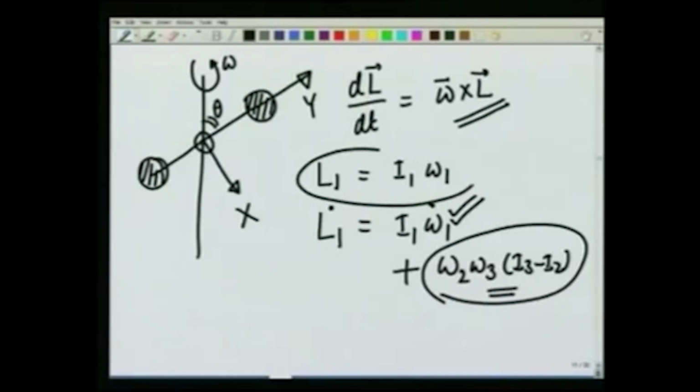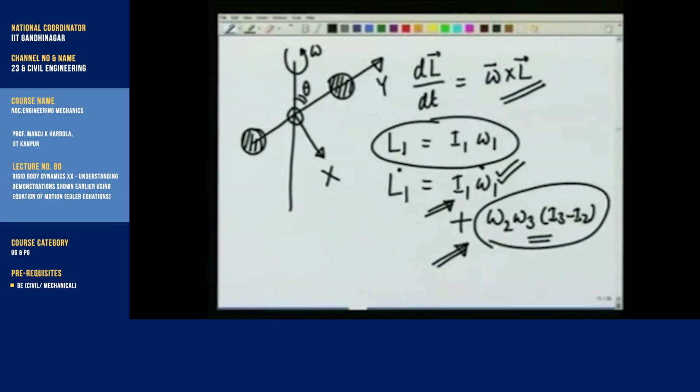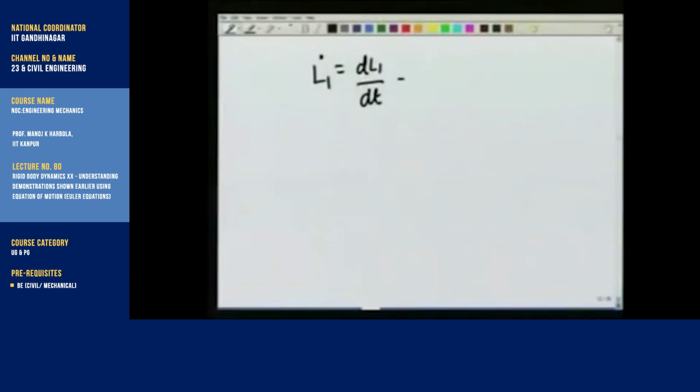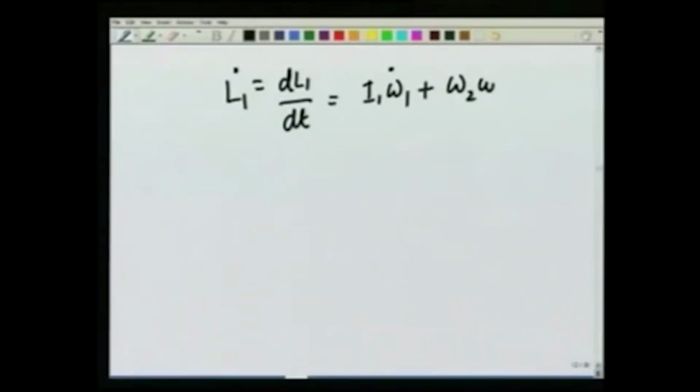So notice L1 itself is only I1 omega 1, but when we take its change, it is caused both by the change in omega and by the rotation of L vector around omega vector, and therefore in general I am going to have L1 dot, which is the same as dL1/dt, equal to I1 omega 1 dot plus omega 2 omega 3 (I3 minus I2).